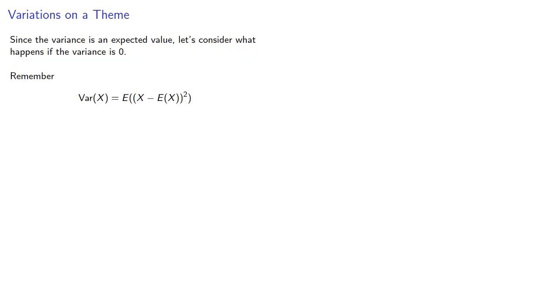Let's consider the variance. Since variance is an expected value, let's consider what happens if the variance is 0. Now, remember, while we calculate the variance as the expected value of the square minus the square of the expected value, it's actually defined as the expected value of the square difference between the random variable and the expected value.